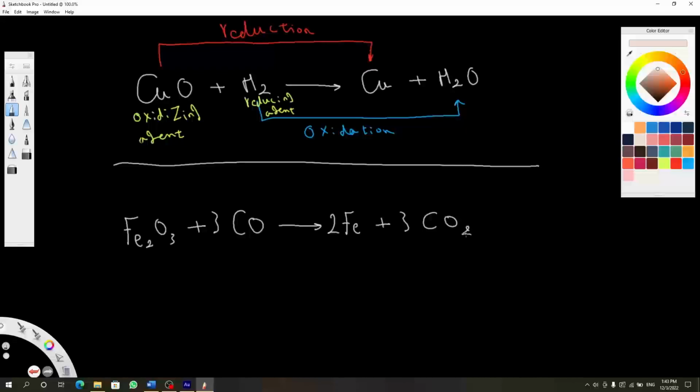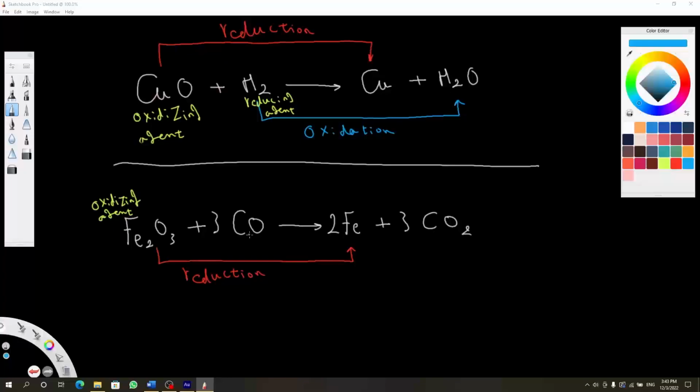We want to determine the reduction, the oxidation, which one is the oxidizing agent, which one is the reducing agent, right? Okay, now let's start with iron oxide, Fe2O3. It ended up becoming just iron, which means that it lost oxygen. Loss of oxygen is called reduction, all right? So that means that iron oxide is the oxidizing agent.